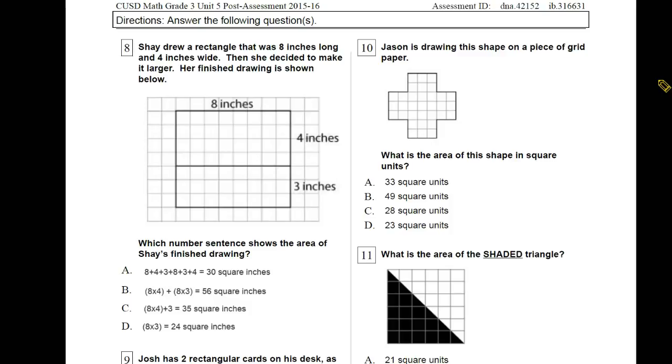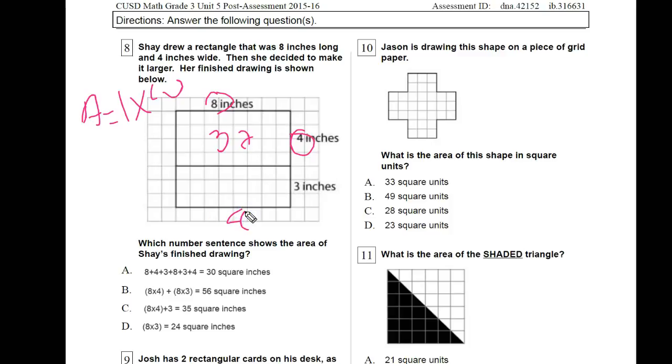So again, what's the area? Length times width, right? So what's the area for the first rectangle? 32, because we're multiplying, right? Length, that's 8, times width, which is 4, 32. Then the area of the bottom rectangle: if I have 8 on the top, what's on the bottom? 8.